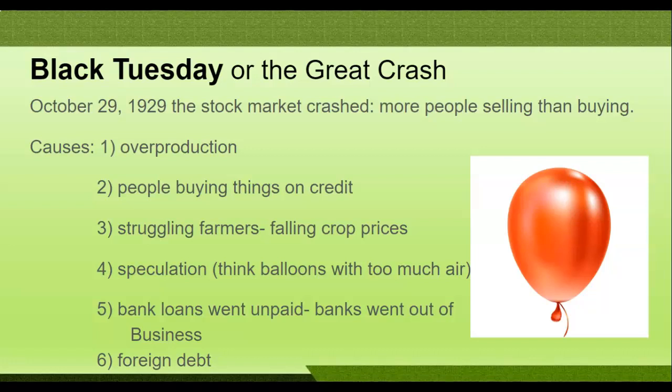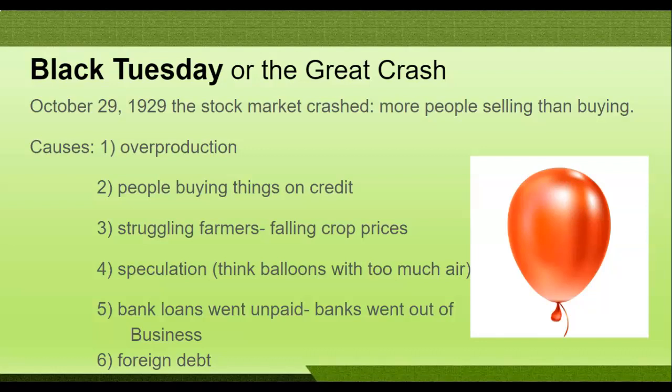Another problem is people are buying things on credit, which if you have a credit card, you might be familiar with. Credit is just like using other people's money, which is fine if times are good and you can pay the people whose money you are using.